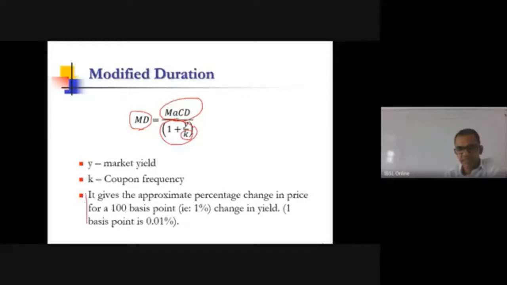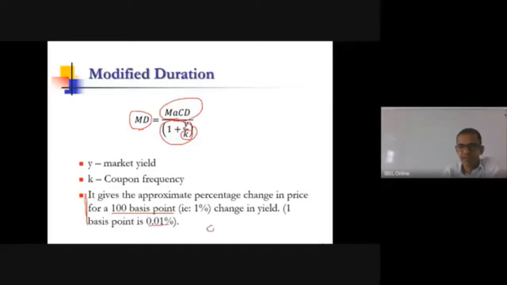The interpretation is given here. It gives the approximate percentage change in price for a 100 basis point change in yield. So what is 100 basis points? 100 basis points equals 1%. Remember the definition of a basis point: a basis point is 0.01%. 1 basis point is 0.01%.